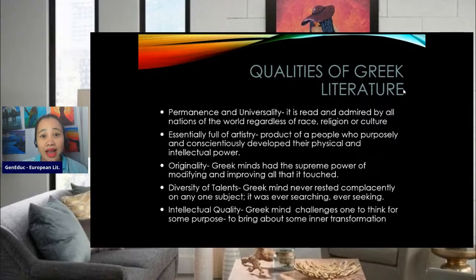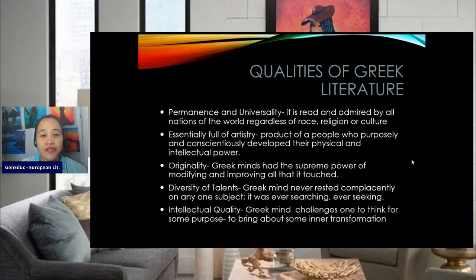Third, originality. Greek minds had the supreme power of modifying and improving all that it touched. Fourth, diversity of talents. Greek mind never rested complacently on any one subject. It was ever searching, ever seeking.